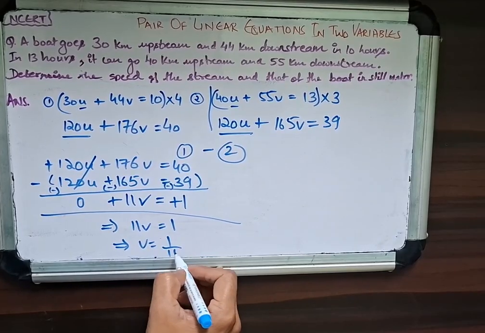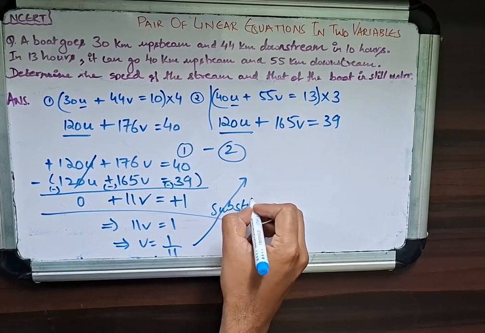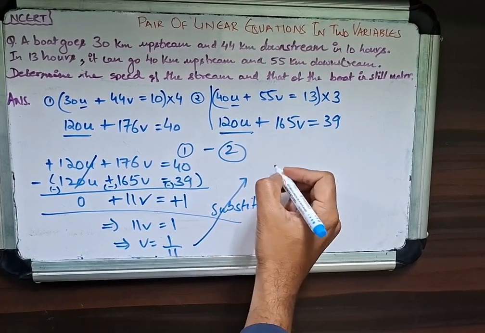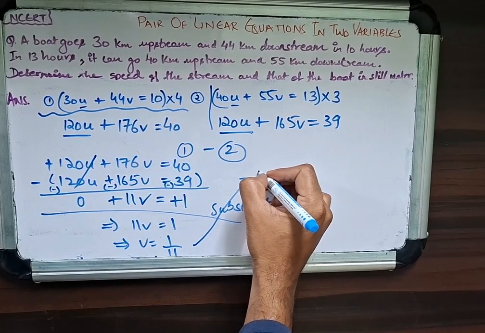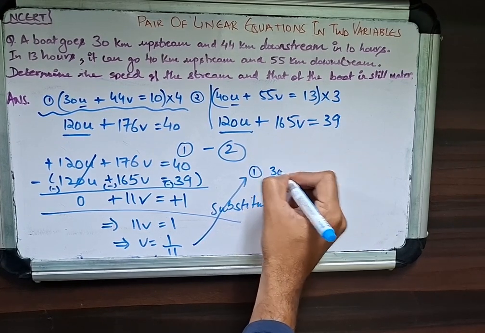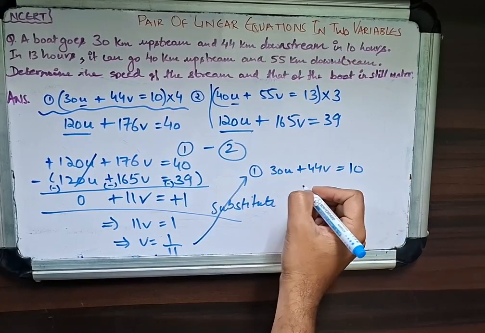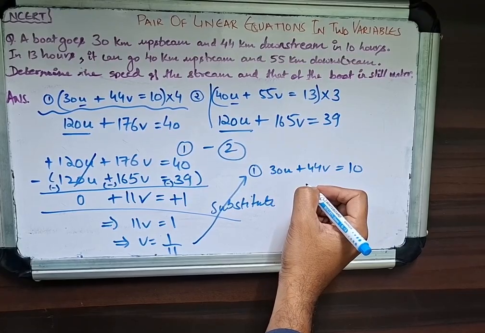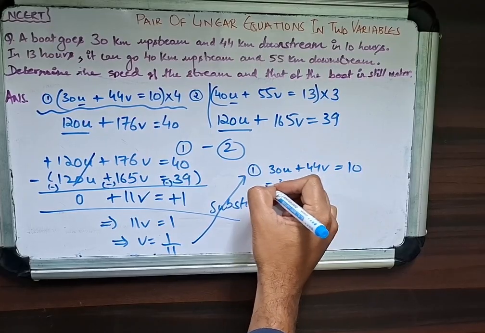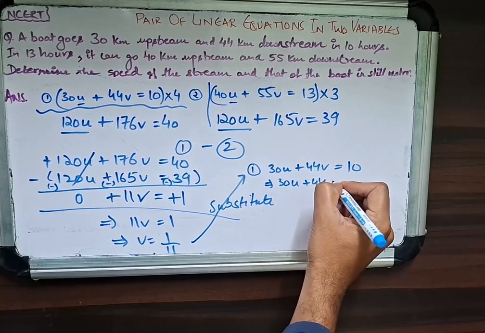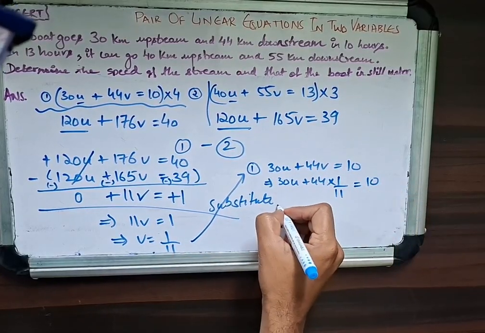Now we know the value of v. Let's substitute it in equation 1 to figure out the value of u. 30u plus 44v is equal to 10. 30u plus 44 into 1 upon 11 is equal to 10.